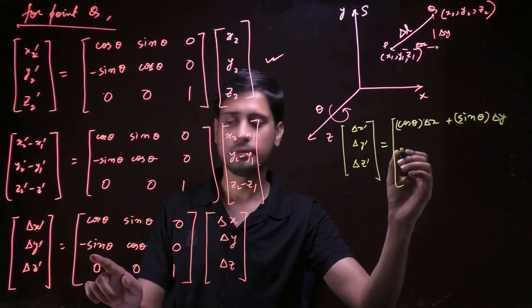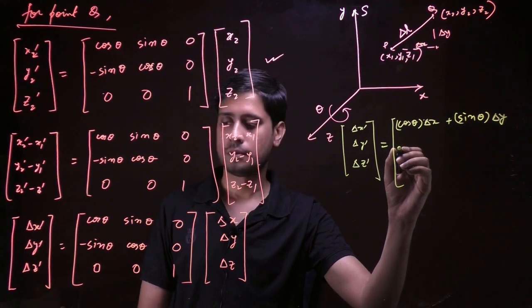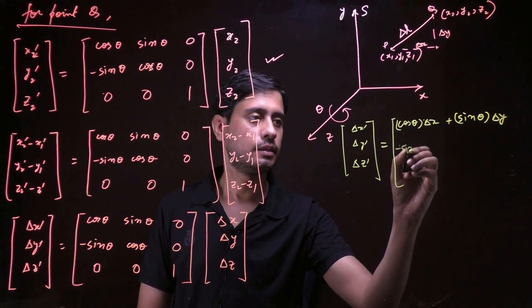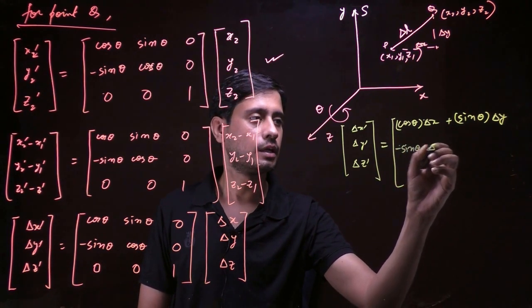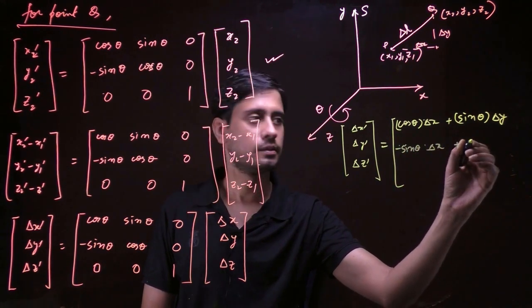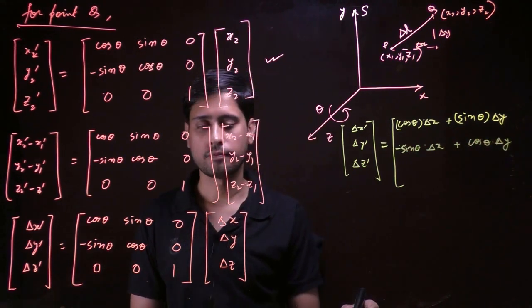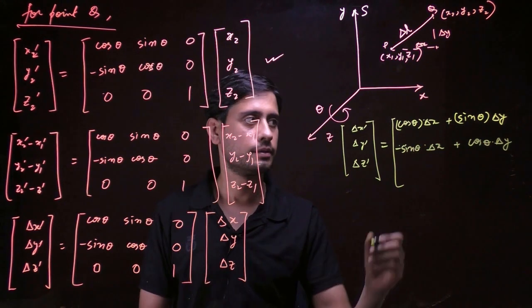Similarly, this will give you minus sin theta into delta x plus cos theta into delta y, and 0 into delta z.